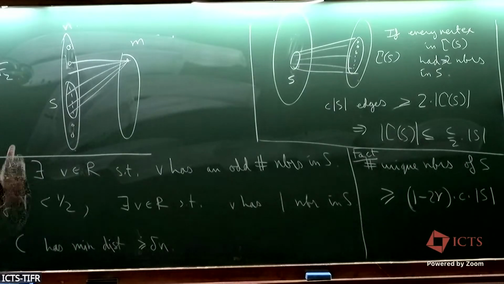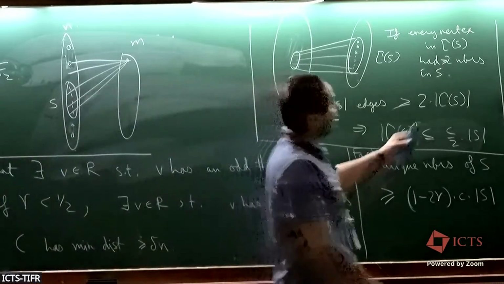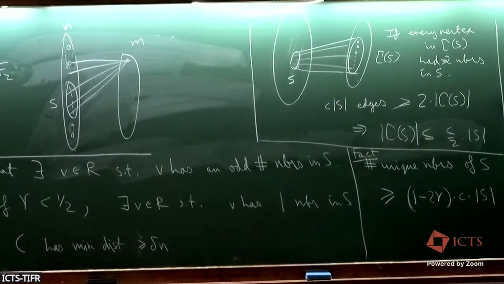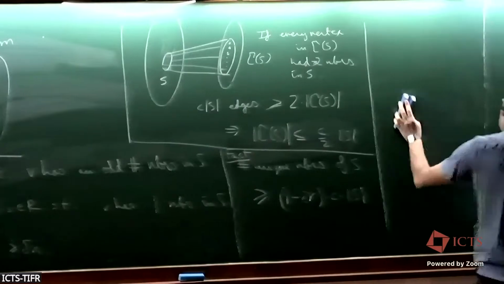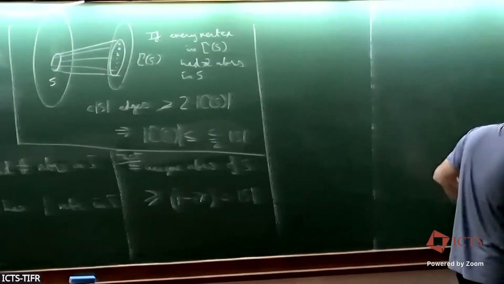So all the hard work happened in the construction of the expanders. The construction of expanders is non-trivial. I will give some references for this. And of late, there's been a flurry of activity around this problem.